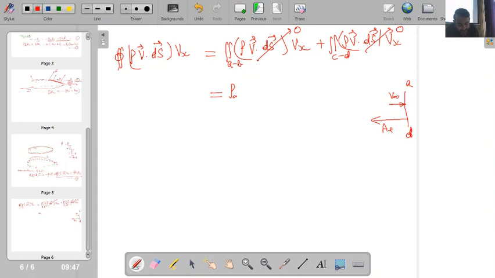So I will write rho infinity times, and the V dot ds dot product will be nothing but minus AI into V infinity. Is this one clear? Because the area vector is in the outward normal direction and the velocity vector is in the inward direction, the two vectors have a 180 degree angle. So when I take the dot product, cos of 180 becomes minus 1. So I have minus of AI times V infinity over here.